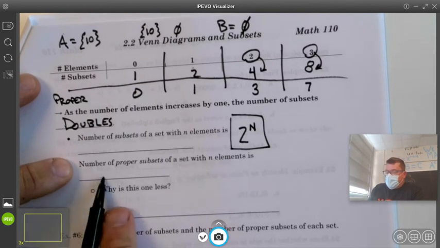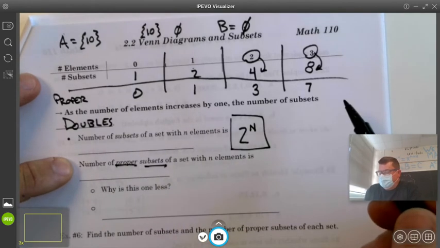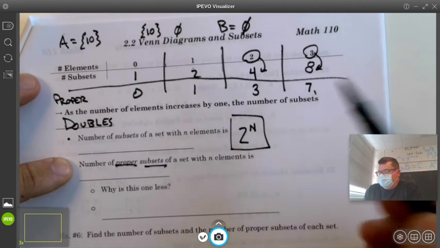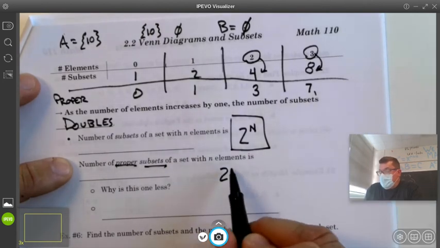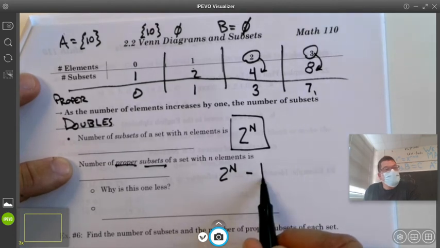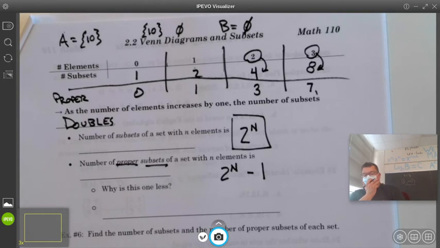What's a formula for proper subsets? It's the number of regular subsets minus 1, because it can't have itself as a subset. Why is it 1 less?